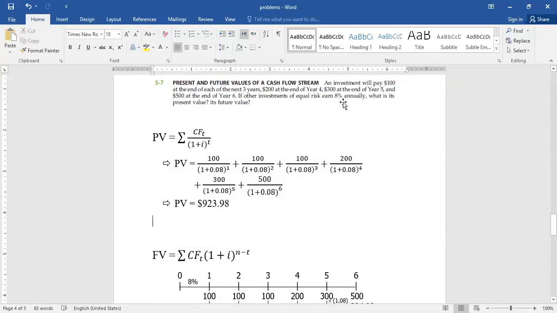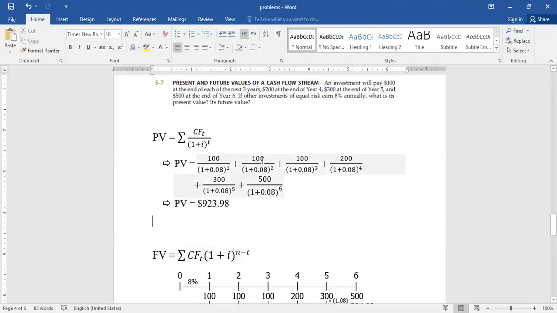So that is my interest rate. So I divide my first payment that I'm going to receive at year 1. I divide the $100 by 1 plus the interest rate 0.08 to the power t, which is 1. Why is it 1? Because I'm receiving this $100 at year 1. That is my t, that is my time.